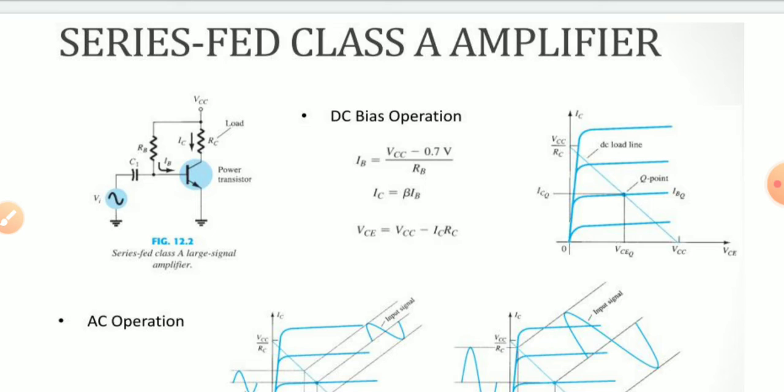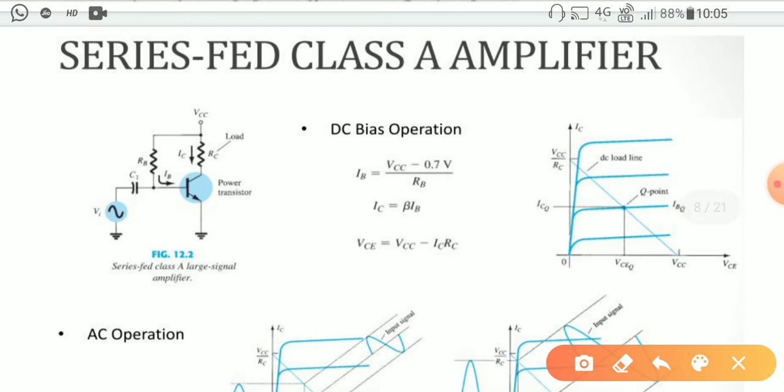Initially, we just considered the bias for the series one where RB and RC are connected with the VCC, and the configuration looks in this way. Look, RB and RC both are connected with the VCC.